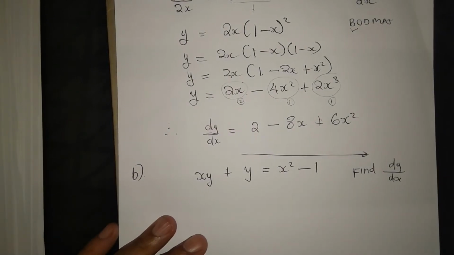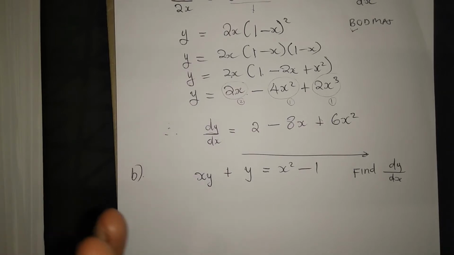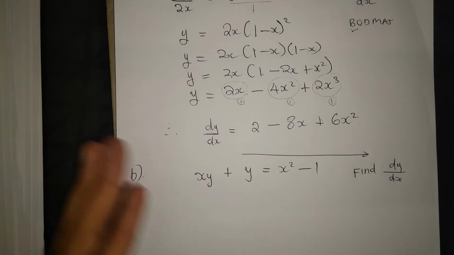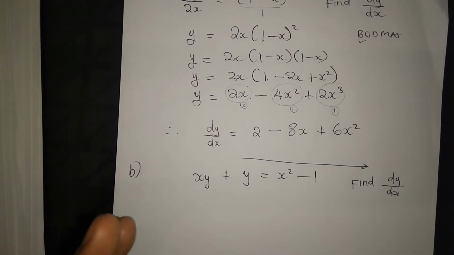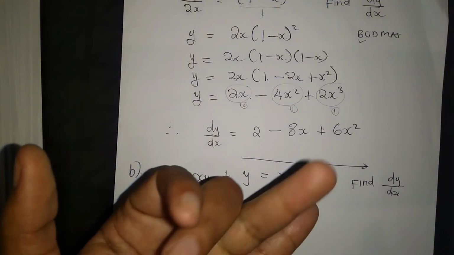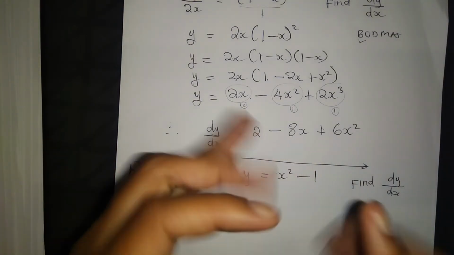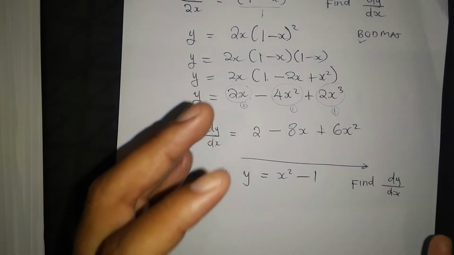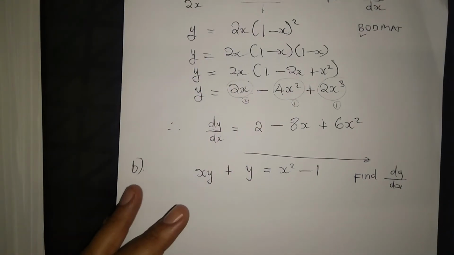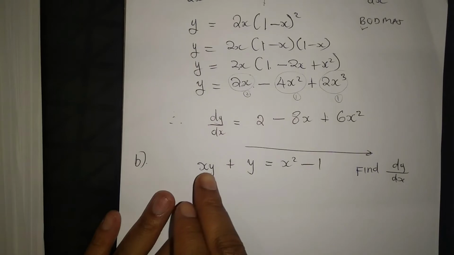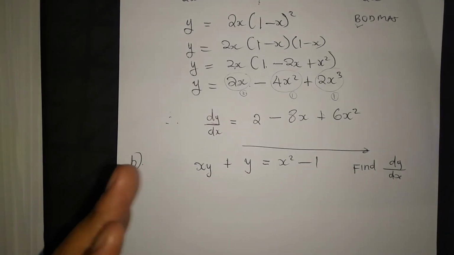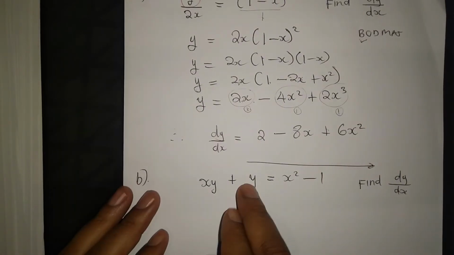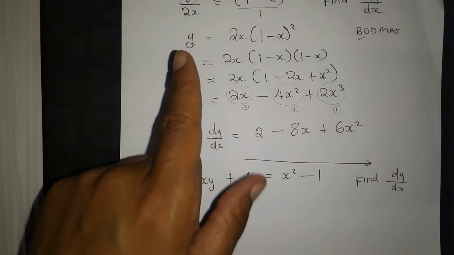In video 1 and video 2, we saw that our functions were represented as f of x or y, and then we get an expression in terms of x. In this case, since there is no y alone, we must represent our function with y, so we make y the subject of the formula, just like we did above.